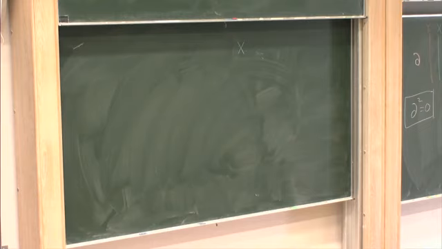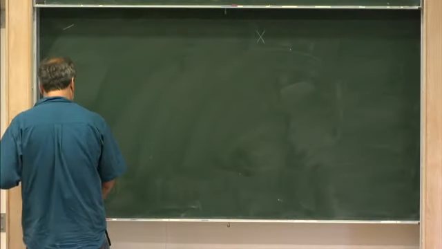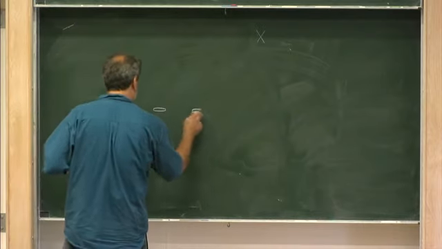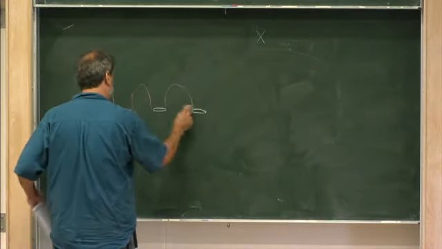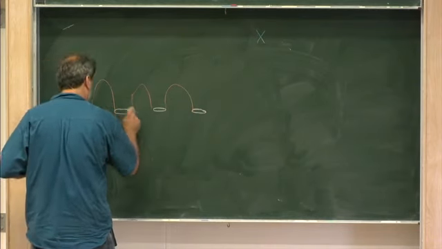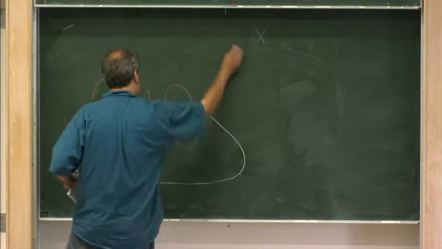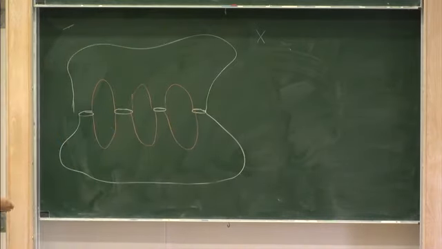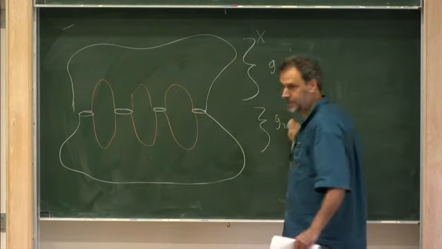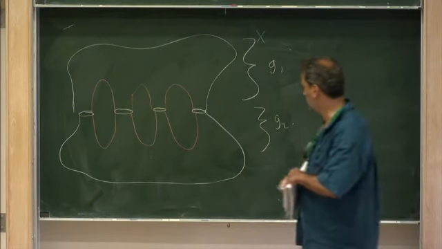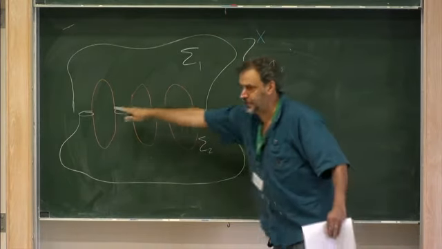To recall, we cut our Heegard surface in such a way that we cut our surface into 2 pieces, one of which has genus G1 and another genus G2. Let's call them sigma 1 and sigma 2. I'm not going to draw the whole picture, I promise. The boundary of sigma 1 is 2n points.